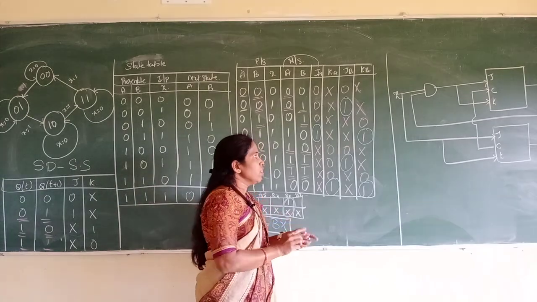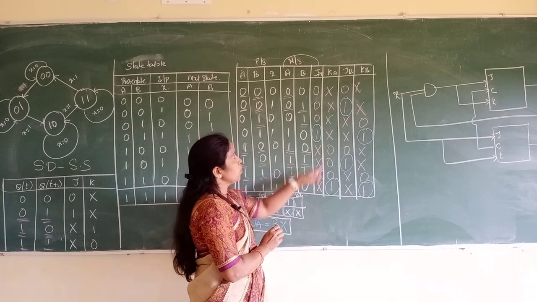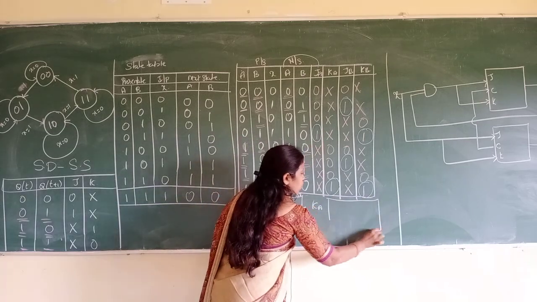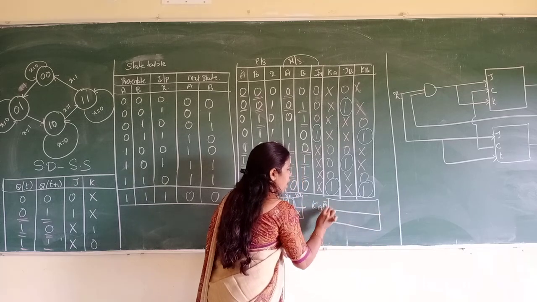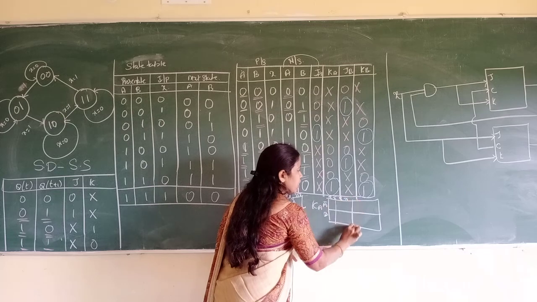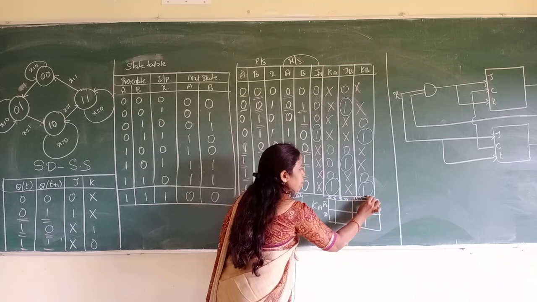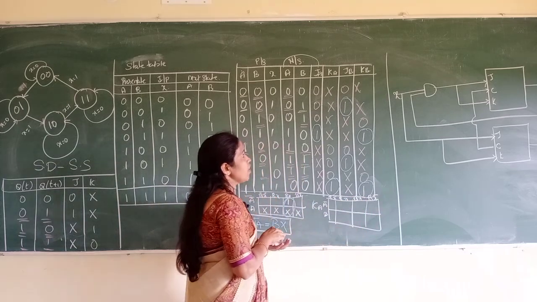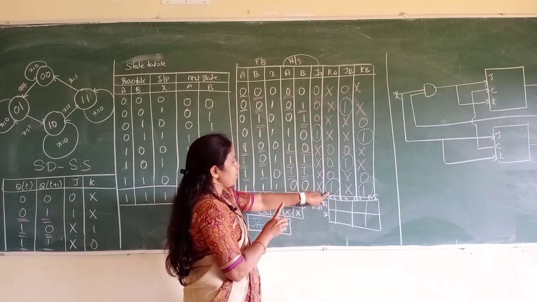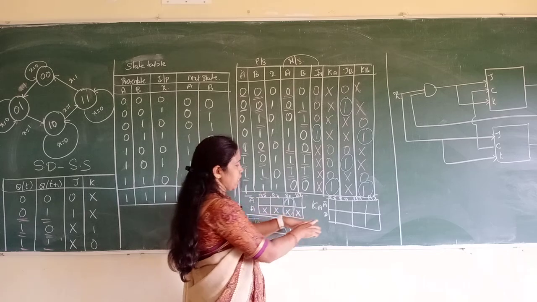Next you have the second expression, the KA column. Again same like this: A bar, A, B bar, X bar, B bar, X, B, X, B, X bar. Wherever you got 1 in the KA column, only at one place, that is ABX.